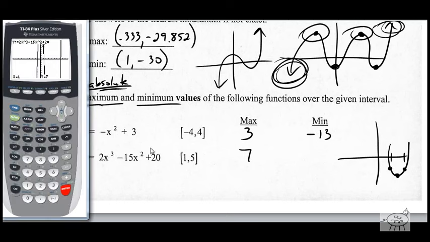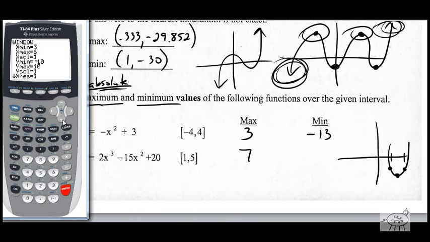So let's do that. I'm going to go back to zoom 6, and then I'm going to do my window. My x min is going to be, instead of 1 to 5, I'm going to do like 3 to 6 just to see what's going on over there.